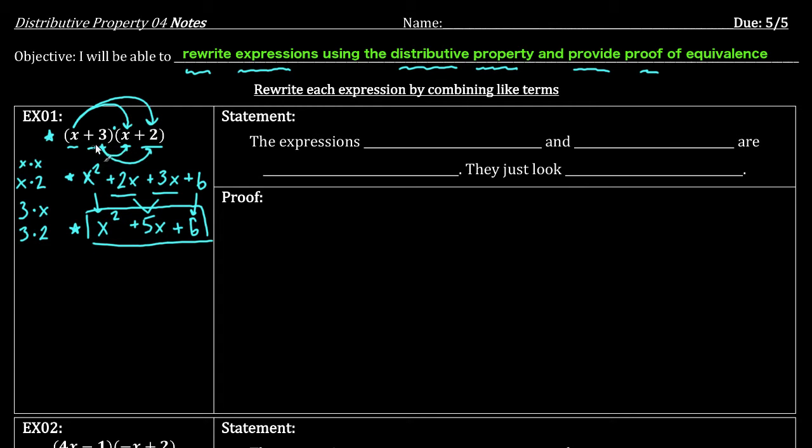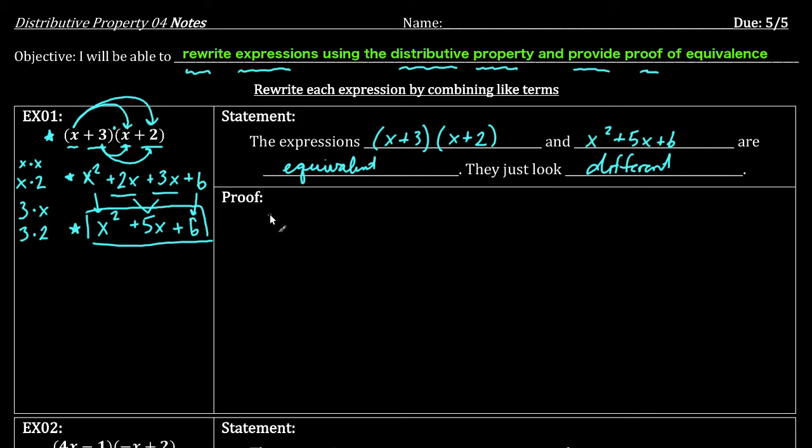In reality, though, we care about this first one and this last one. So the expressions (x plus 3) times (x plus 2) and x squared plus 5x plus 6 are equivalent. They just look different, per usual.